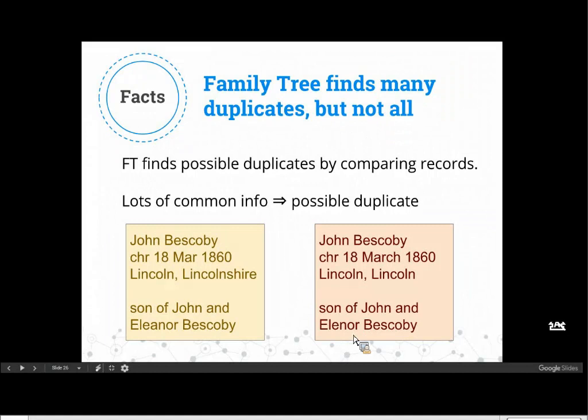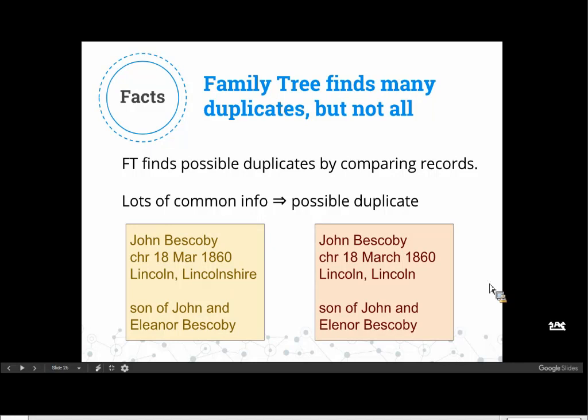But those differences are small enough that Family Tree recognizes that these two records are possible duplicates. So those are slam dunks, and it's wonderful that Family Tree does find those obvious duplicates.